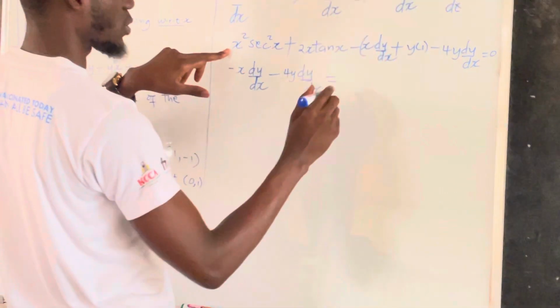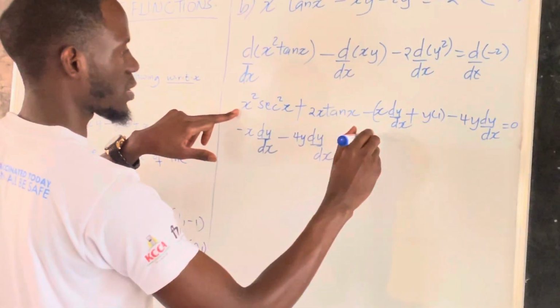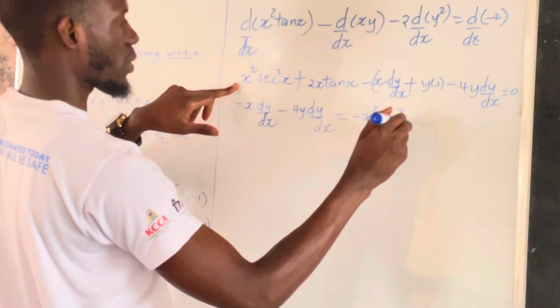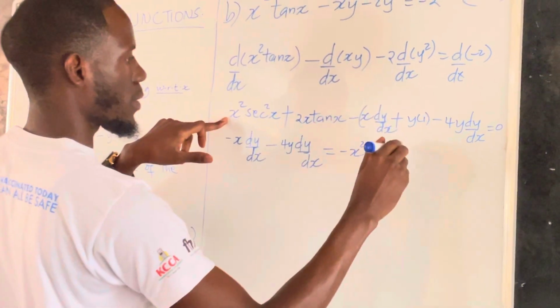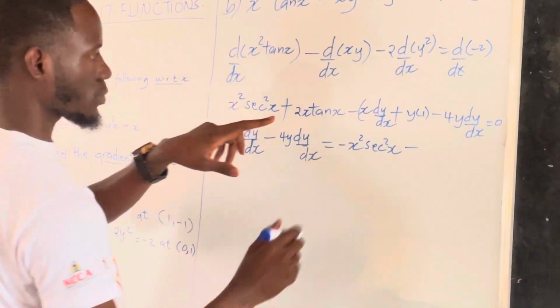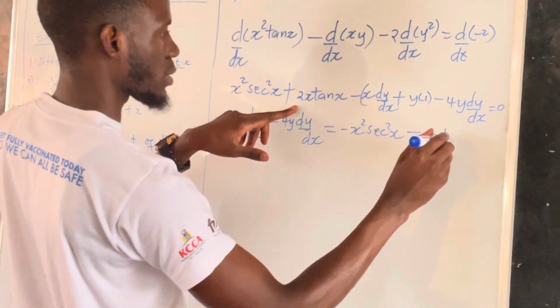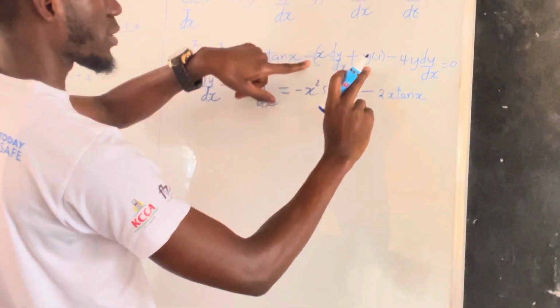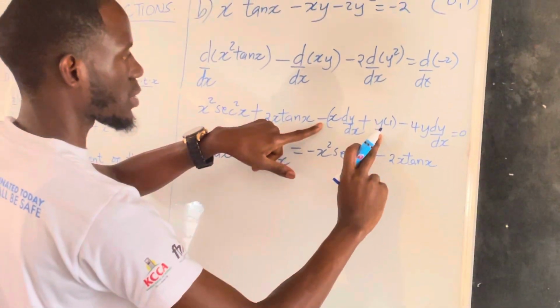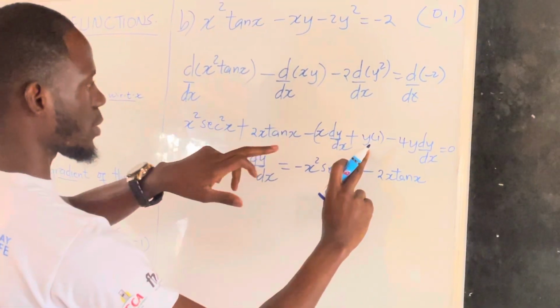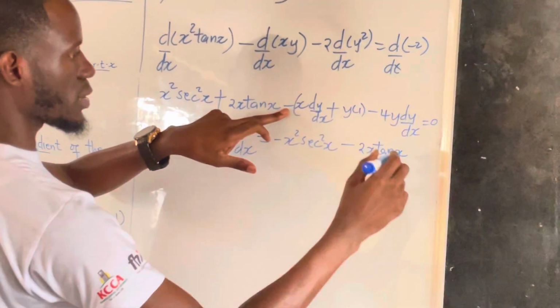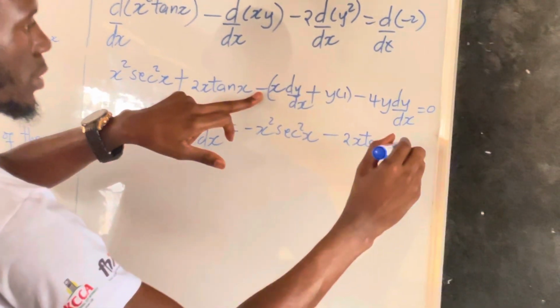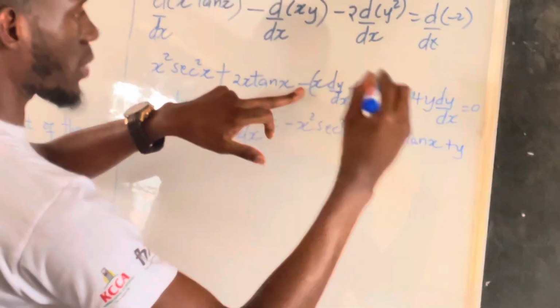I put them on the other side, so it becomes negative x squared sec squared x, then minus 2x tan x. Then we have minus y, which when it crosses, will become a positive y.